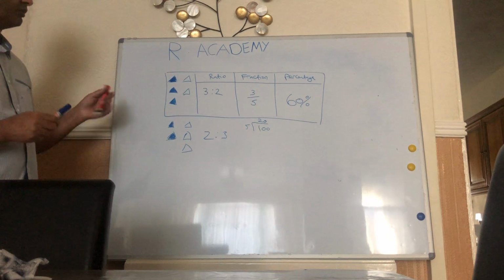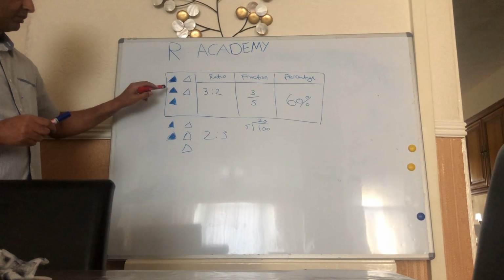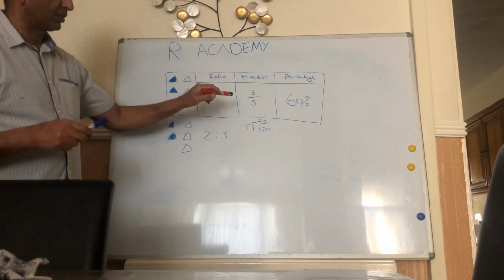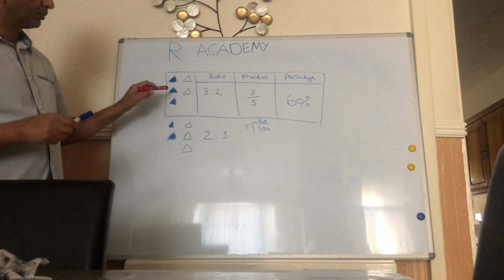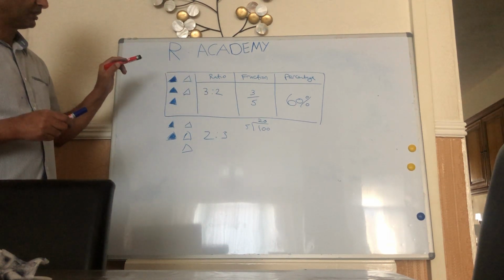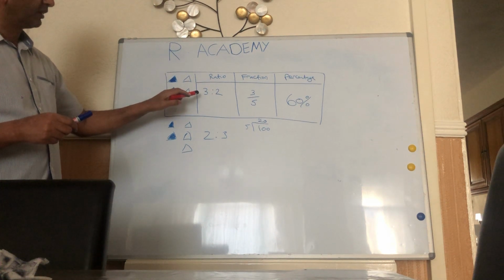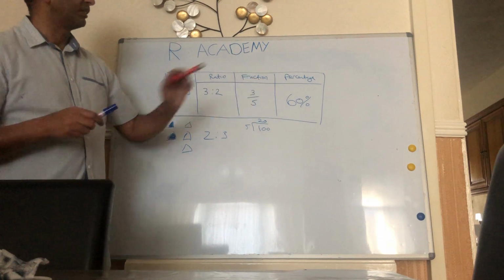So that's how you would convert something which is a ratio, fraction, and percentage. It's all the same answer, but it's just different to how it's represented, where one is a ratio, one is a fraction, and one is a percentage.